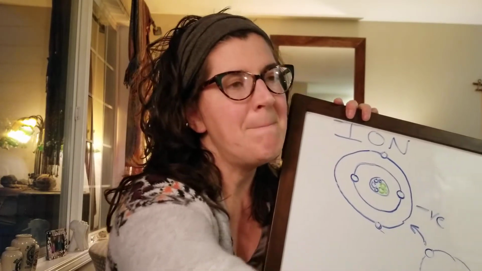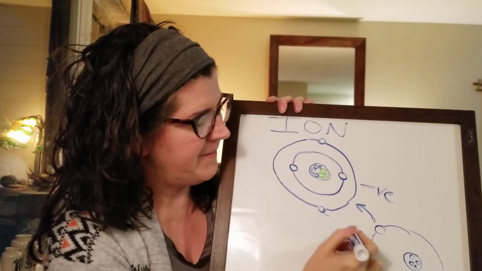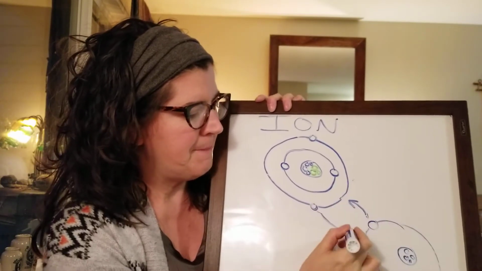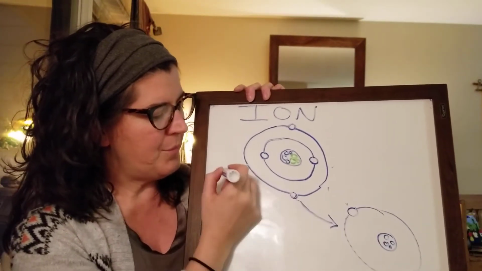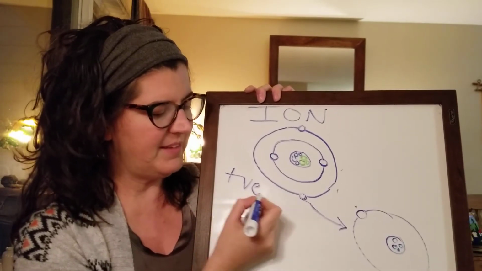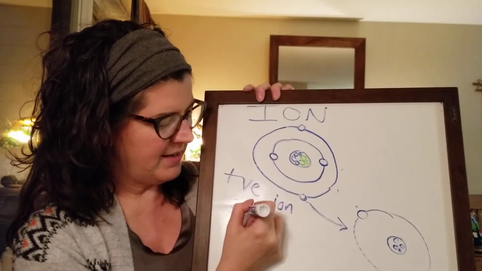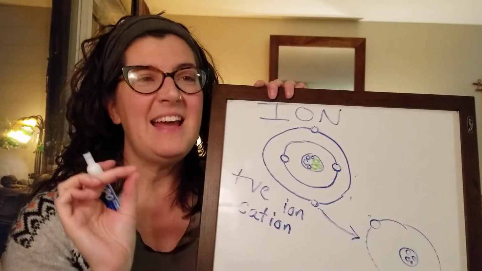Okay, let's see here. So when they're positively charged, meaning they have given away some electrons, let's stay over here for a second. We're giving away, we're positive charged. That's my plus, which is a positive sign. A positively charged ion is called, I'm going to say it right, cation.